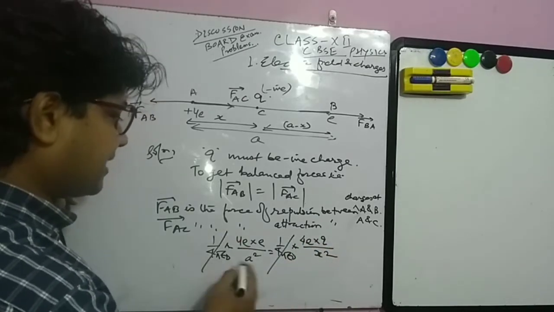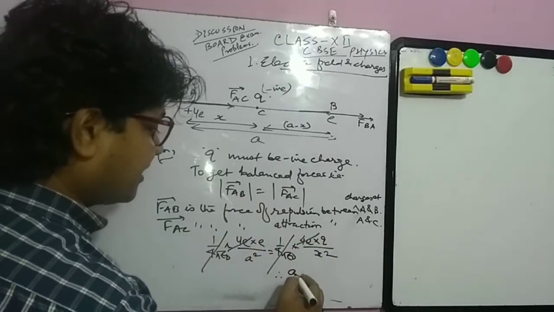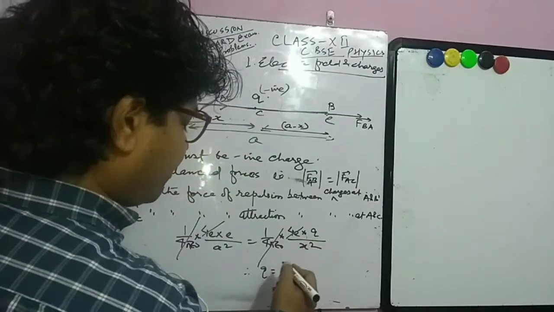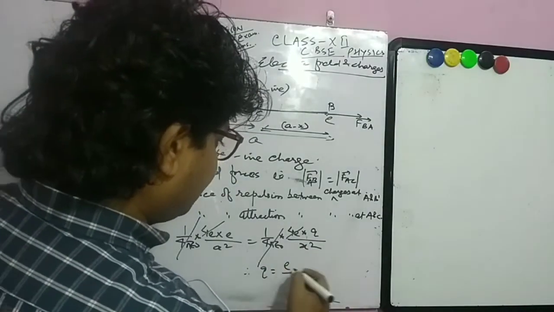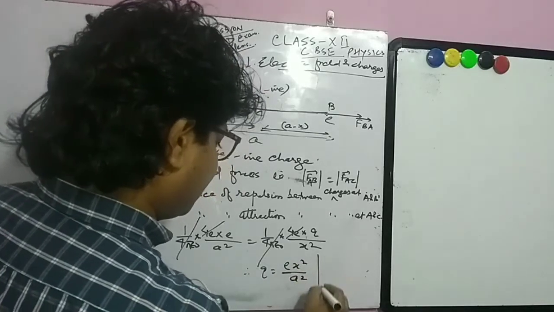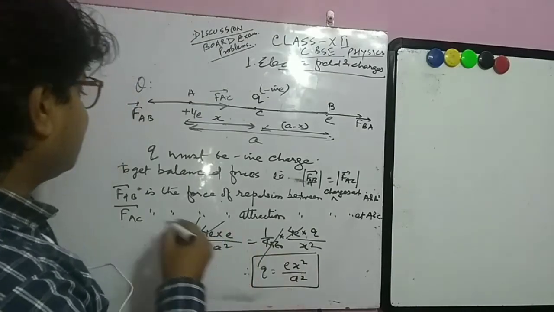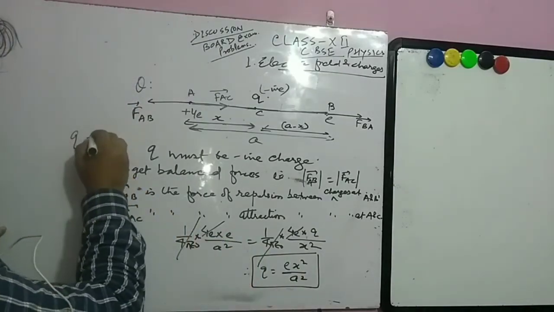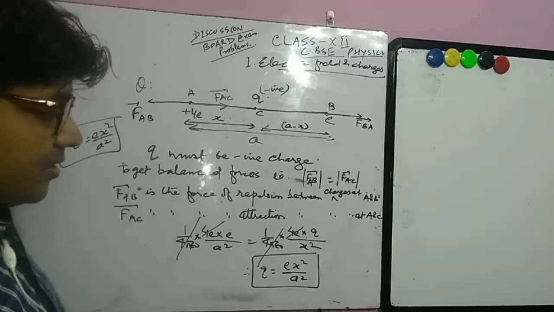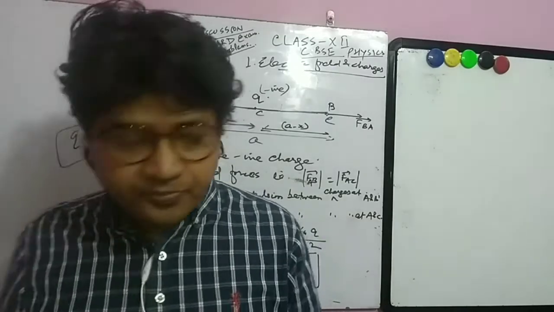So 4E gets cancelled. So what we are getting, Q is equal to E x square by A square. So this is the charge we are getting here, this is the magnitude of charge.